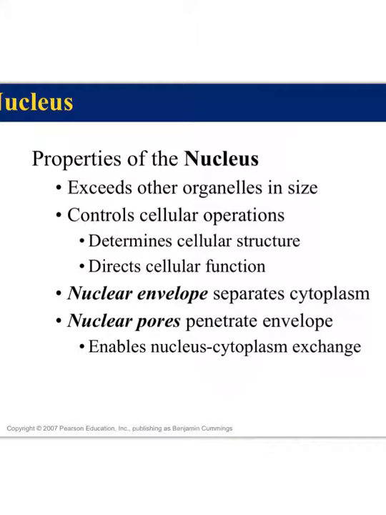The nuclear envelope, or nuclear membrane, is what separates the nucleus from the cytoplasm, and the nuclear pores are the tiny holes within that nuclear envelope. As we discussed already in class, we do need to be able to transport things in and out of the nucleus, and the nuclear pores allow that to happen.